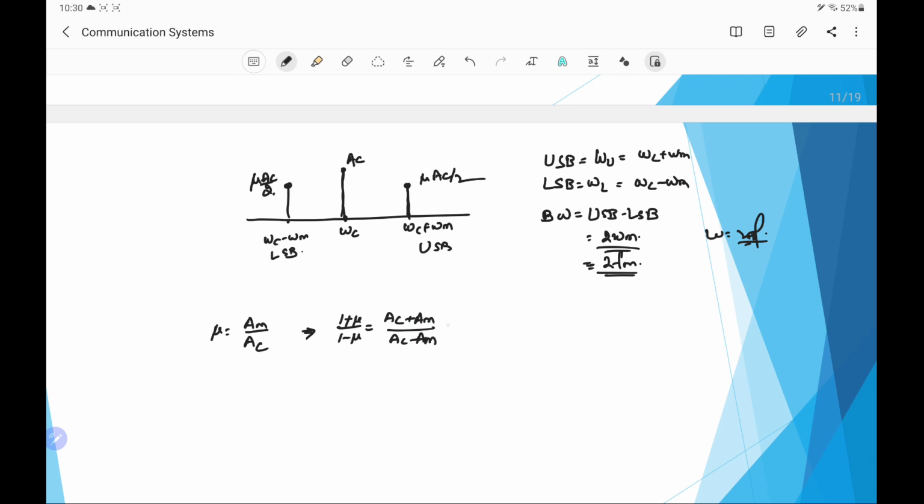And this AC plus Am is the maximum of the amplitude of the amplitude modulated wave, and we represent it by A, and AC minus Am is the minimum of the amplitude modulated wave, we represent this by B. So we can write 1 plus mu by 1 minus mu equal to A by B.